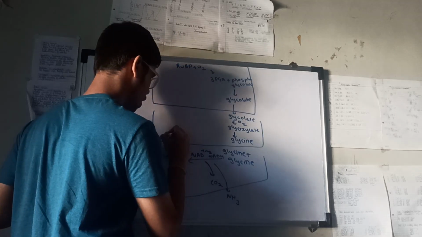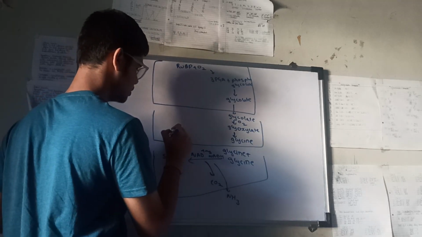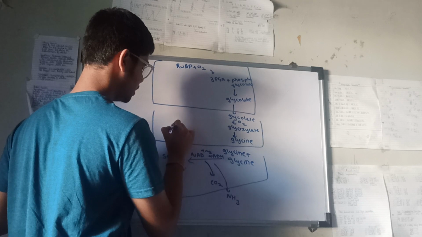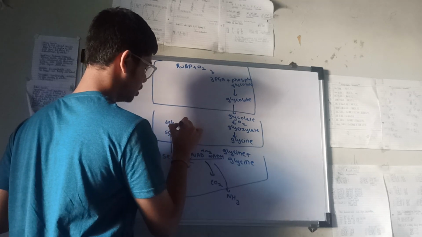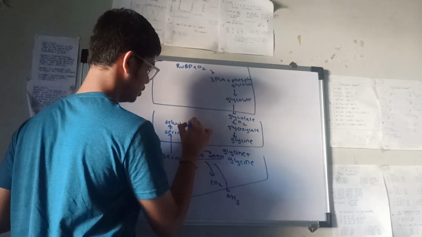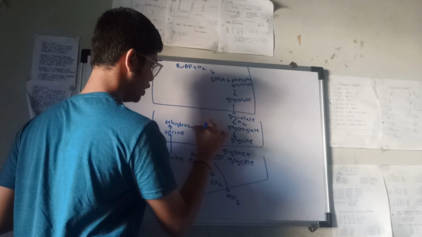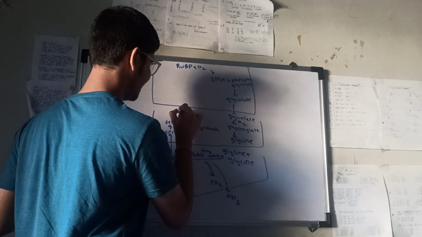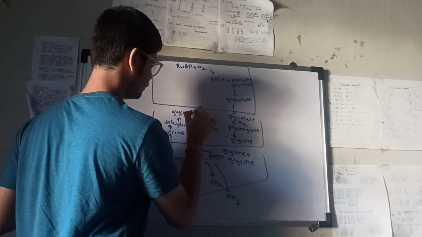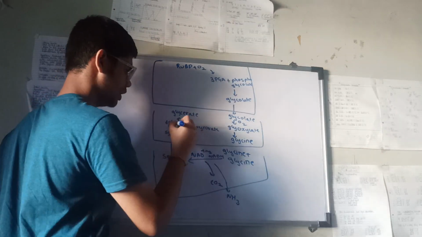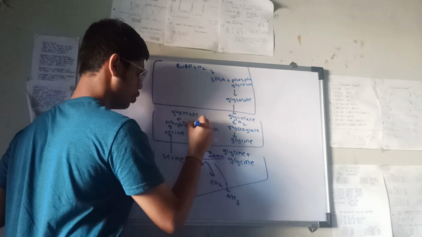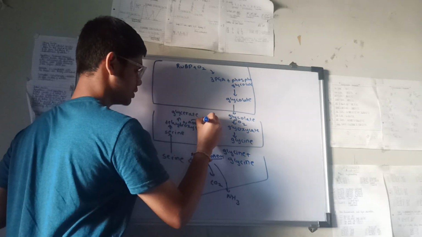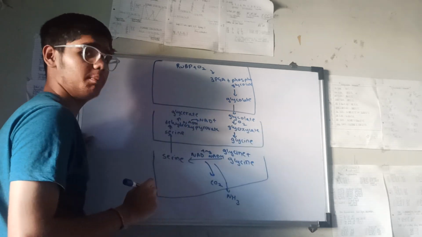So serine will go up. Serine will get converted into hydroxypyruvate, and hydroxypyruvate will be converted into glycerate. What will happen over here? Recall. Yes, NADH will break to give NAD plus, right?